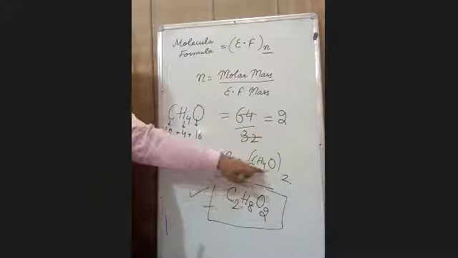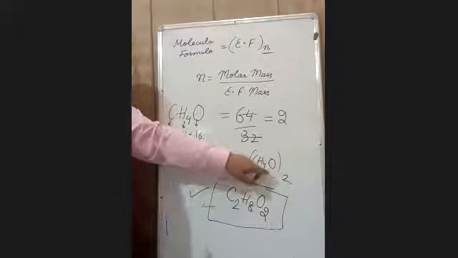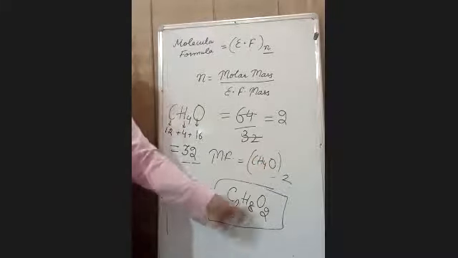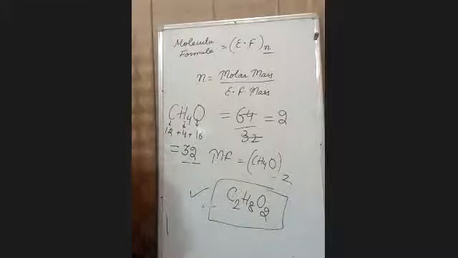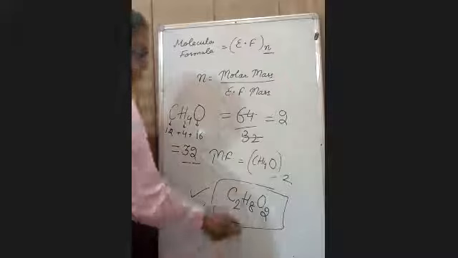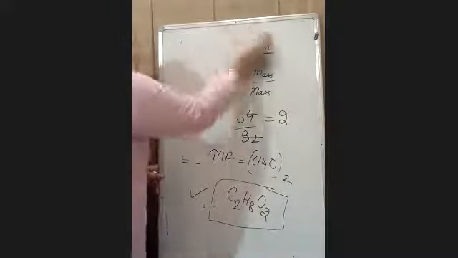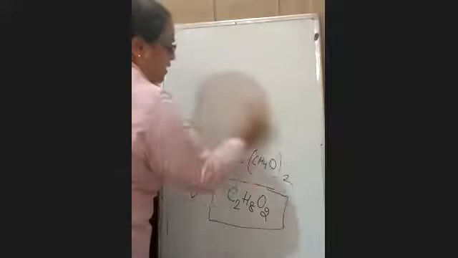Now the empirical formula is the whole number ratio, and the molecular formula gives the actual number of atoms present in this molecule. For this question, it comes out to be C2H8O2. One question will definitely come from this topic in your exams. Definitely one question from this topic. You will surely see it in your paper. Is there any doubt? Please let me know.